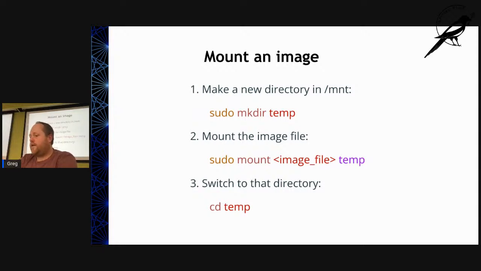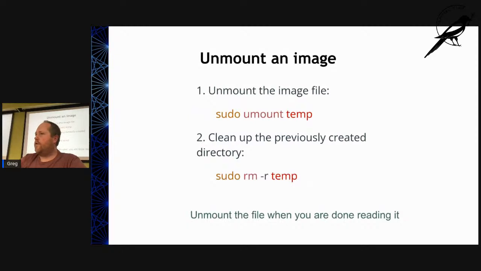Once you've done that, if you change into the directory that you've created and mounted this file system to, you can look around in it the same way you could in any old file system. So you'll see the image, all the contents, and be able to play around. When you're done, you want to unmount it, except the command has no N. So it's just sudo umount, and then the directory that your file has been mounted to.